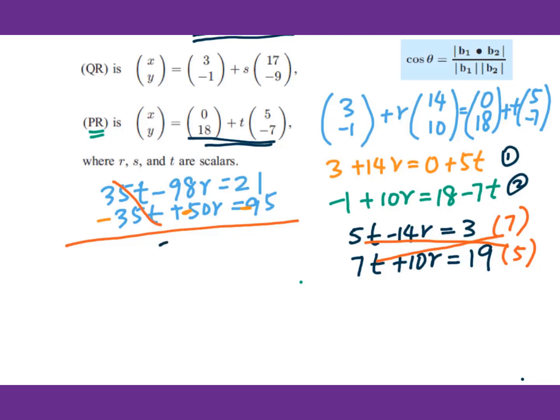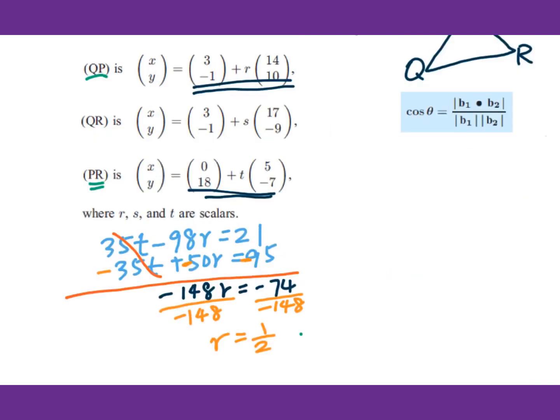You will get 148r equals negative 74. So we divide both sides by negative 148. r equals 1 over 2. Now we need to plug into this vector equation to figure out this xy.